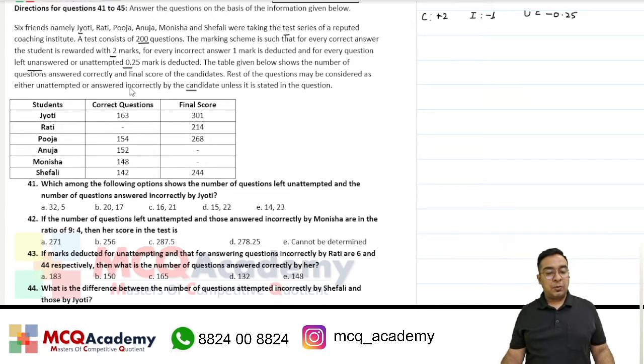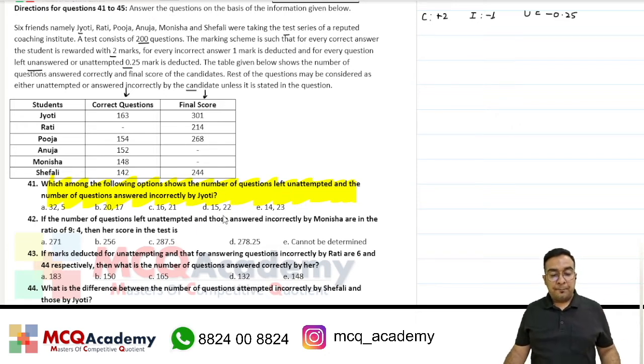Now we are provided with the number of correct questions marked by these students and the final score of these students. Question number 41. Which of the following options shows the number of questions left unattempted and the number of questions answered incorrectly by Jyoti?